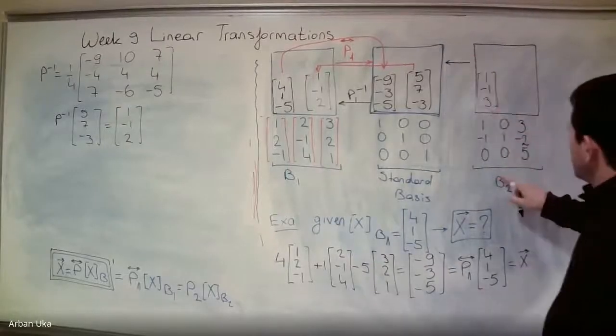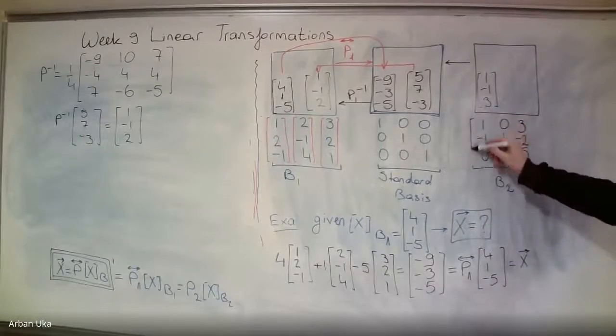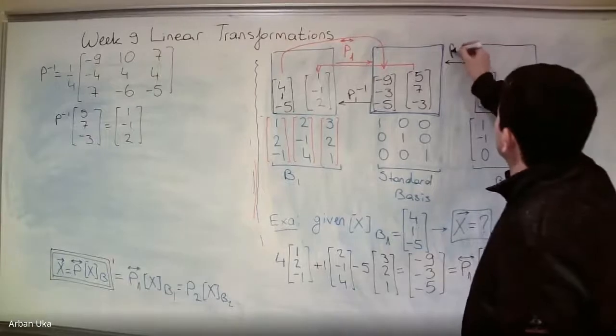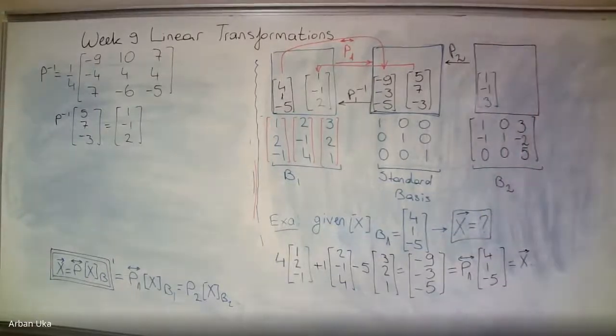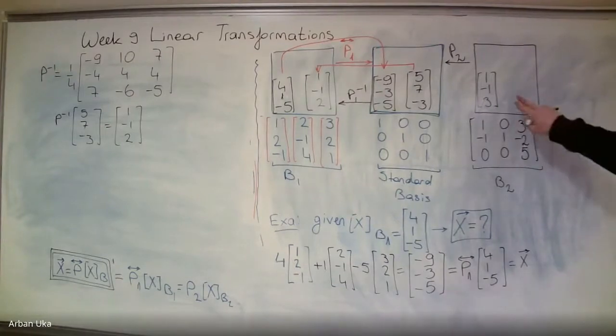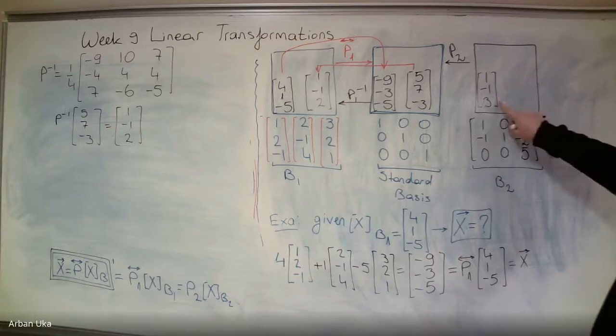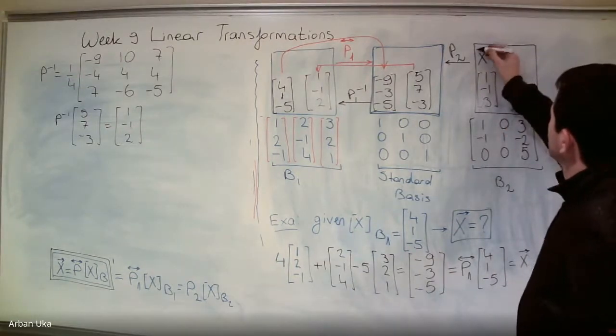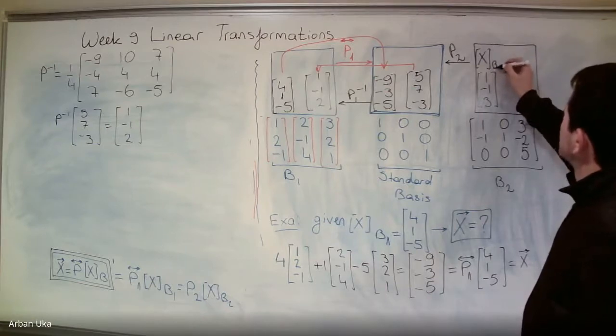Okay, so now let's assume that this matrix that we see here is composed by the same vectors. It's not difficult. This is P2. So how do we denote this one? This is denoted as vector x in basis B2.